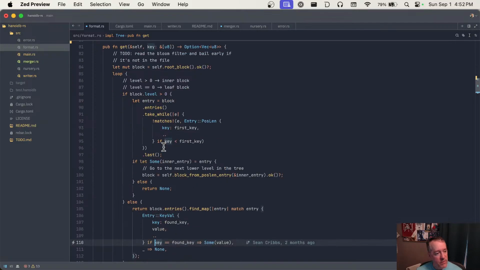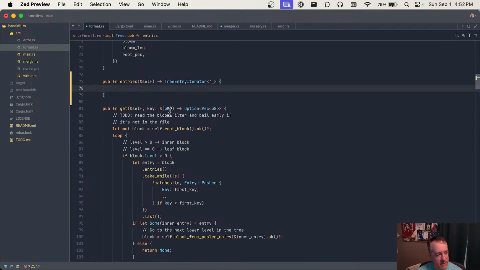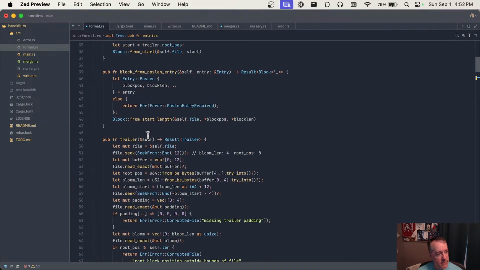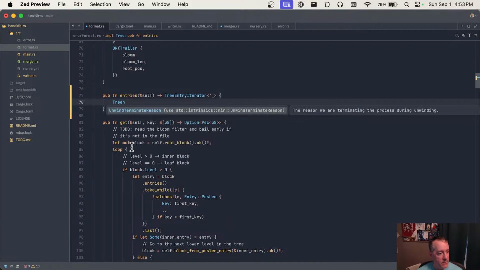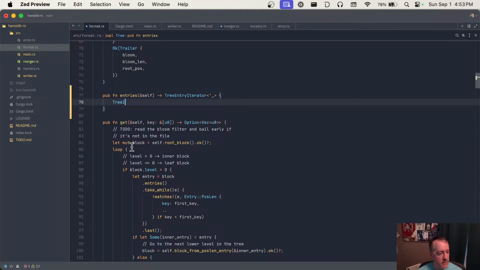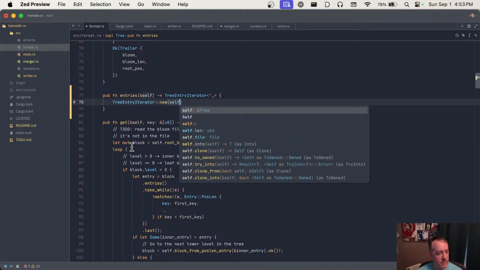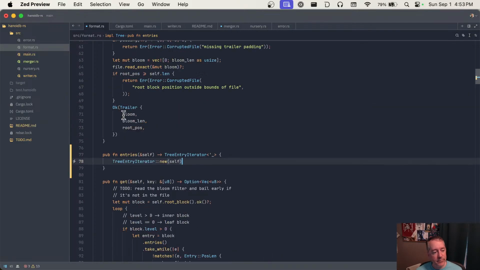Anyway, so we need something that's kind of like, and we'll make a struct for this. And I think what we'll do is we'll just do tree entry iterator new, and we'll pass self, and it'll borrow stuff from this. Okay.